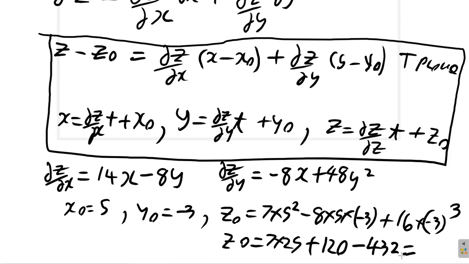So it's 7 times 25 plus 120 minus 432, giving us negative 137. Alright, so we have our x naught, our y naught, and our z naught. Now what we want to do is substitute them into the equation and see what we get.